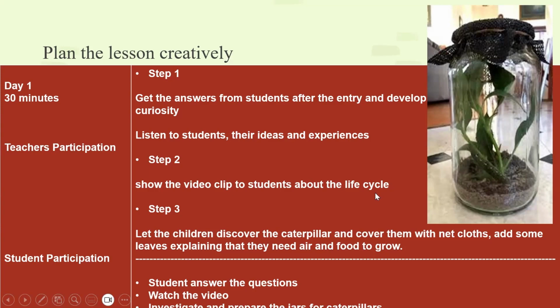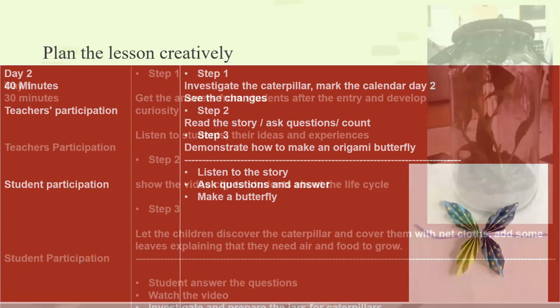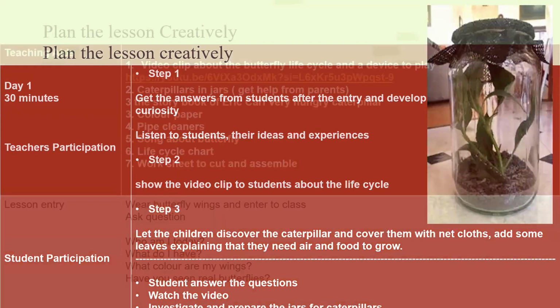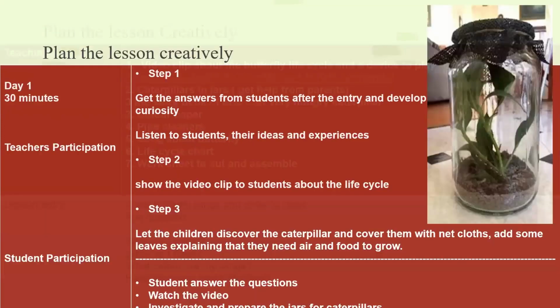With the help of students, I have covered it with a small net and I add some green leaves into the jar so they know that the caterpillar needs some food as well as some air to live there. That is where a little bit of engineering we apply, to make the environment for the butterfly.